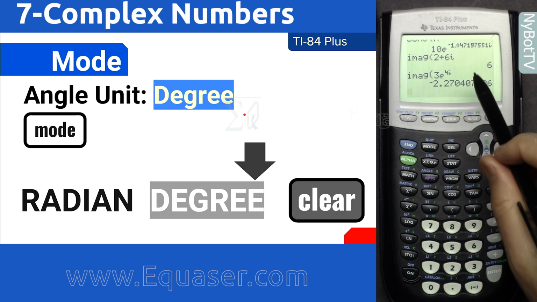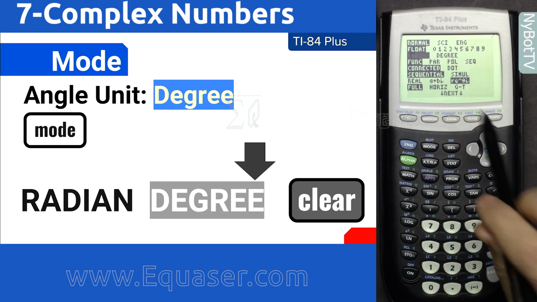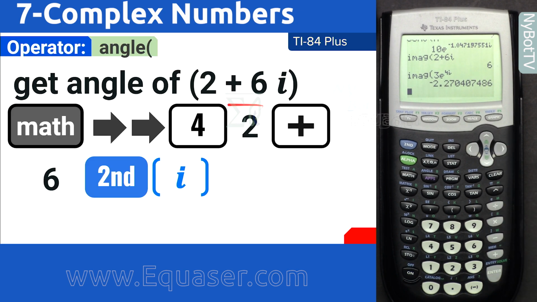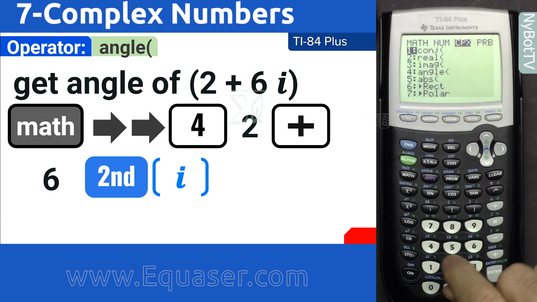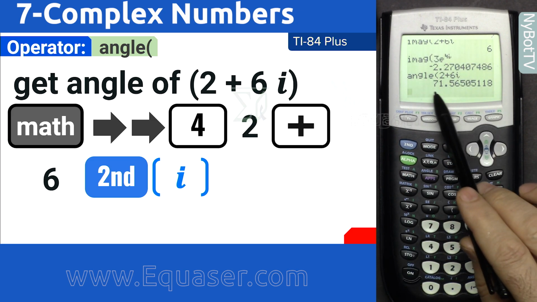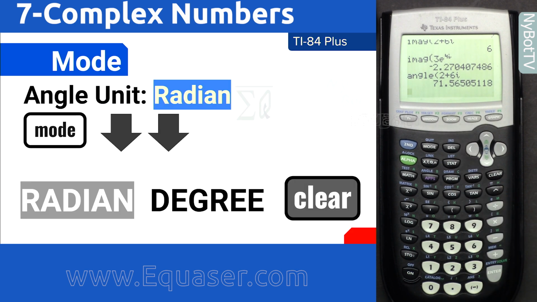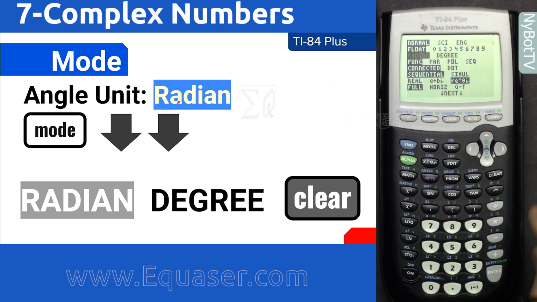Now let's change the unit to degree: mode, unit, degree, and enter, clear. Now let's get the angle of 2 plus 6i. Math, complex, and then angle 4, 2 plus 6, second function I, and the angle is now in degrees, not in radians. Now let's change the mode back to radian because we need radian.